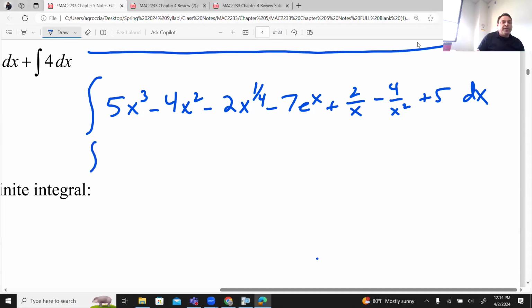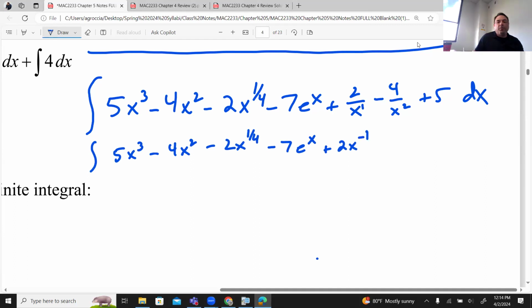And again, the first one's ready to go, 5x to the 3rd. The second one's fine, 4x squared. The third one's fine, 2x to the 1/4. Fourth one's fine, 7e to the x. But the next two, I would probably rewrite. This would be plus 2x to the -1 minus 4x to the -2 plus 5 dx.